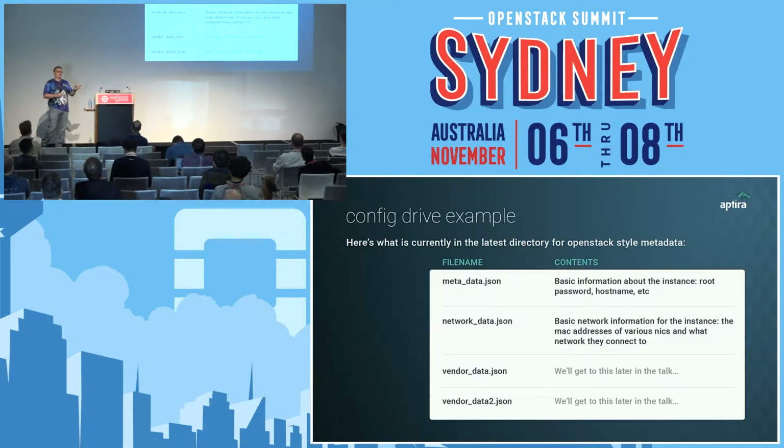So the MAC address of the interface and the virtual network ID that that interface is on. So for instance, if you had a router instance, you'd need to know which one's the innie and which one's the outie, and that information is there. You'd still have to determine which network is which, and you'd use user data probably for that, maybe vendor data, but we'll talk about those in a minute. And pretend the vendor data ones aren't there, because we'll talk about those in a moment.